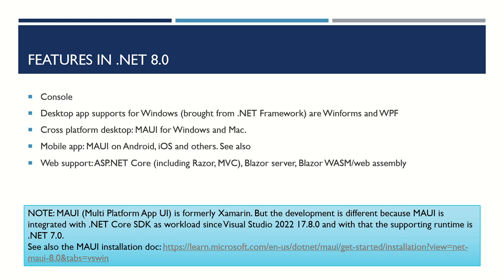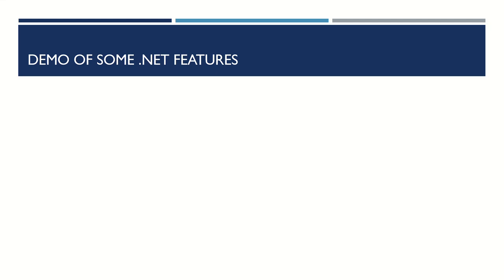Okay, let's move on to the next one. Since I don't have details of all of those features, believe me, it would take more than 5 hours of video if I had to explain them all. Don't worry, because the list of features is available nicely in the official docs.